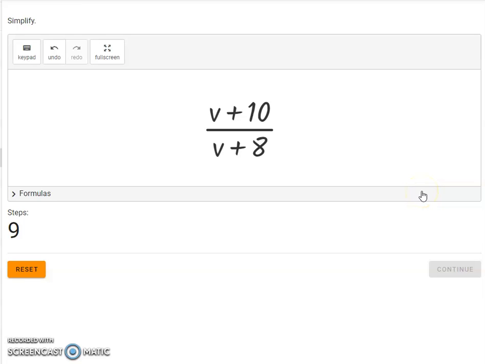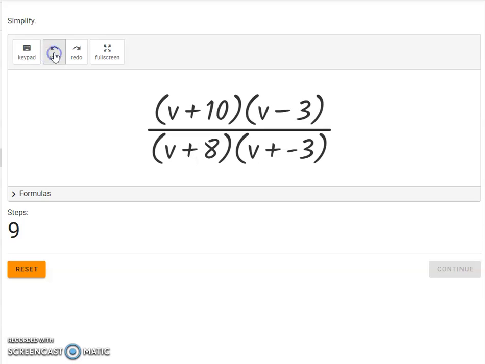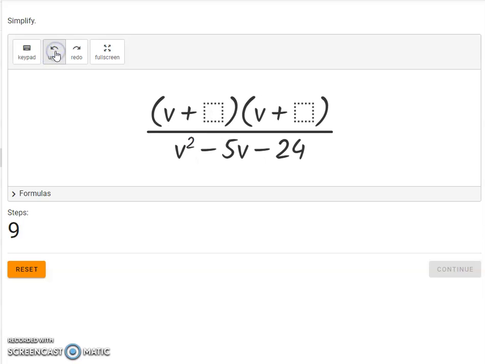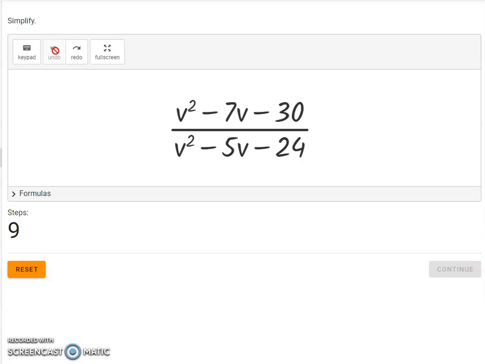If that happens, that's an indication that you have factored the quadratics incorrectly, and so you need to go back to where you were and try to figure out what factors actually will give me those answers.